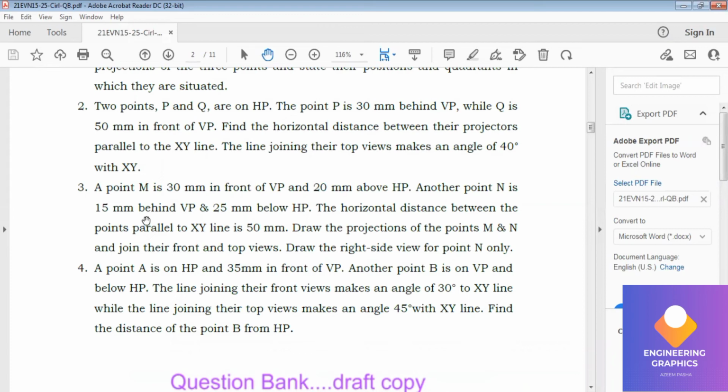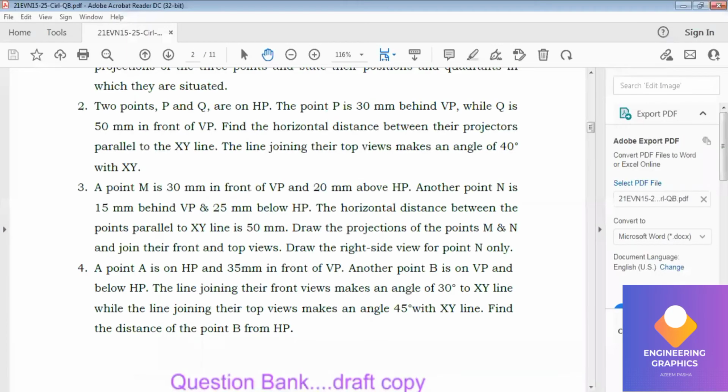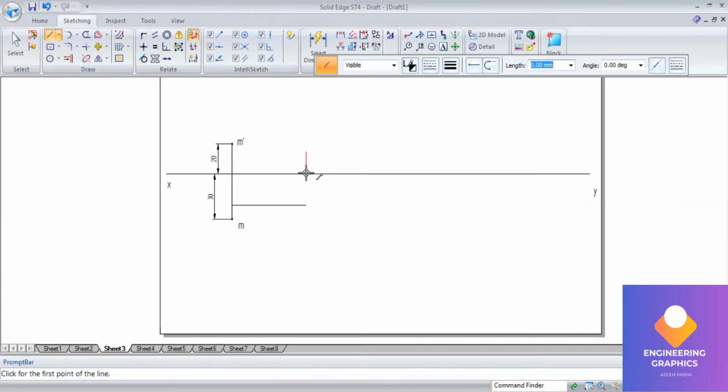Now another point N is 15 mm behind VP and 25 mm below HP. Behind VP and below HP means it is the third quadrant. So here, with respect to this end projector, it is nothing but the third quadrant, 25 mm below HP.